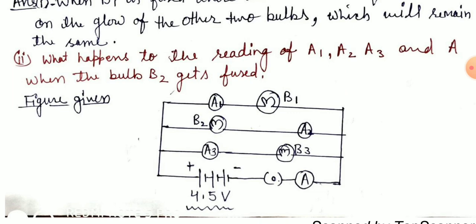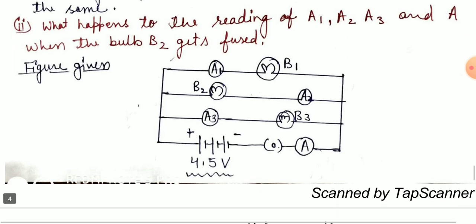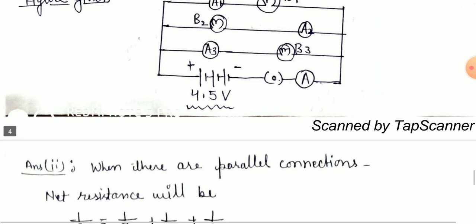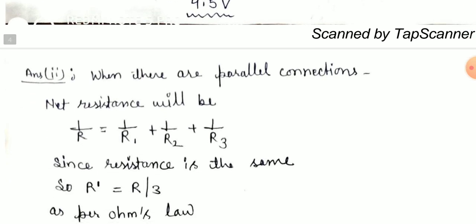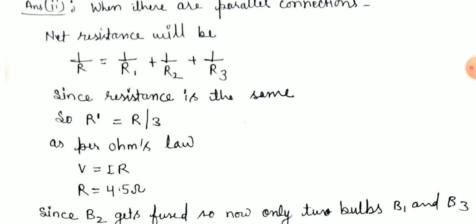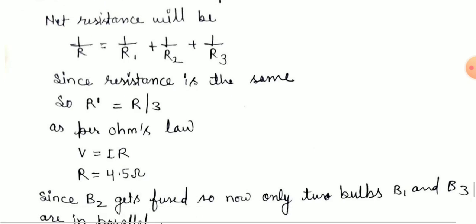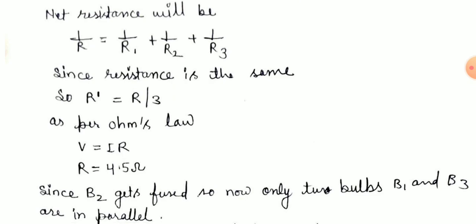Part 2. What happens to the reading of A1, A2 and A3 and A when bulb B2 gets fused? For the 3 parallel connections, the net resistance is 1 upon R equal to 1 upon R1 plus 1 upon R2 plus 1 upon R3. Since the resistance is the same, R dash will equal R upon 3.